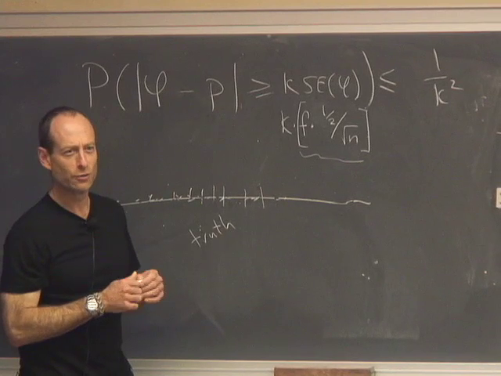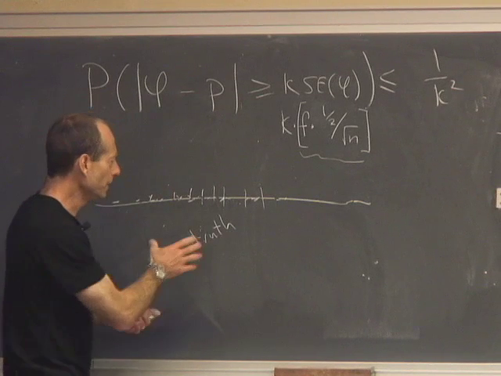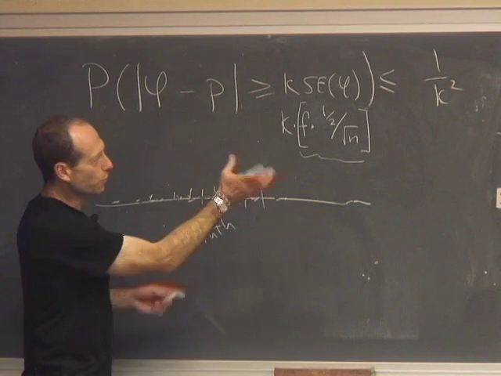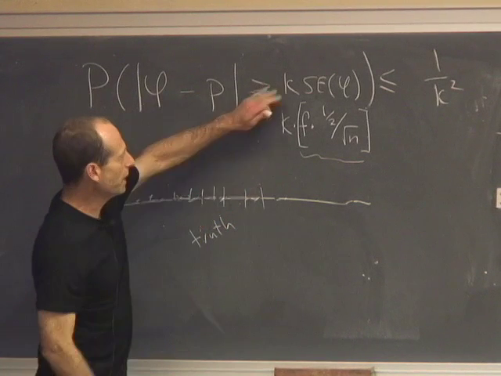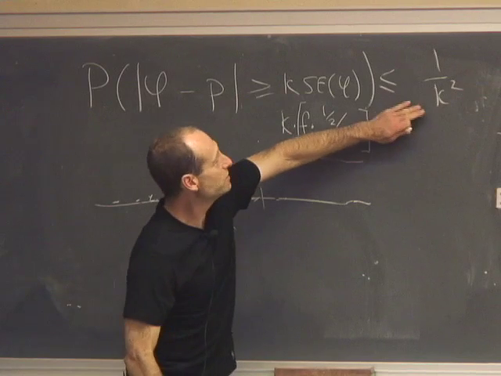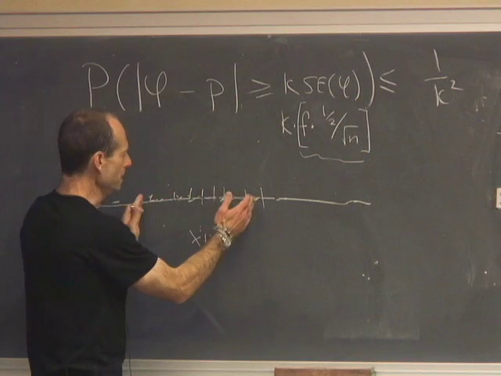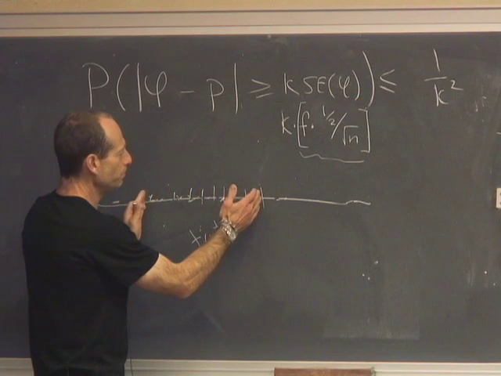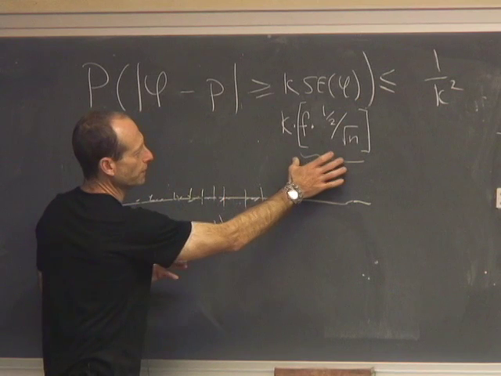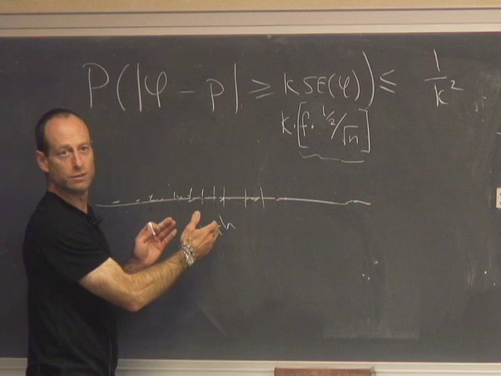If I put in a big value of k, like 3, then at most 1/9 of the time the sample percentage is going to be further than 3 times this away from the population percentage.